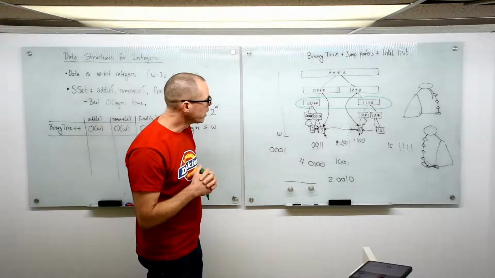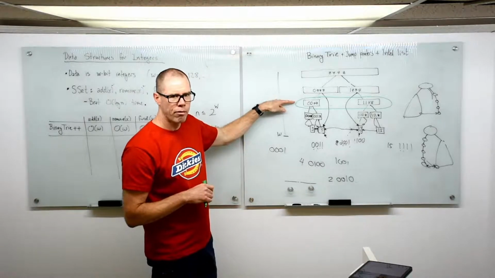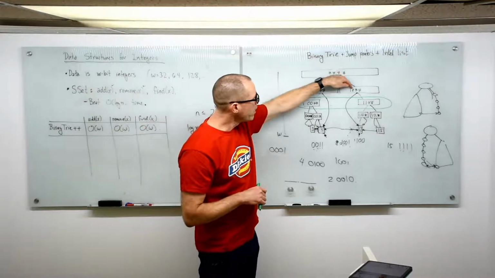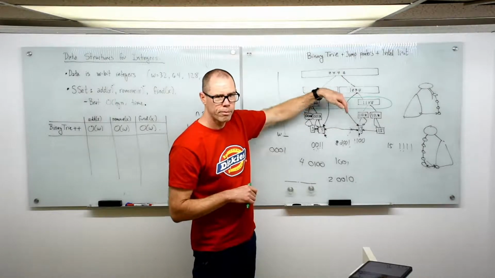So we've seen the example, and we know that the search won't make it to this level, because when we search for 9, we hit the jump pointer before we get to this level.